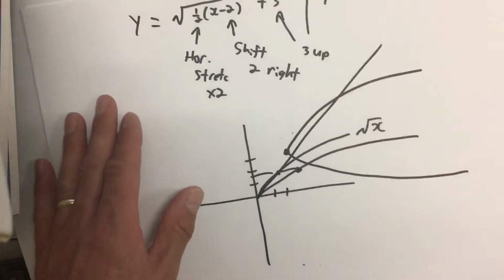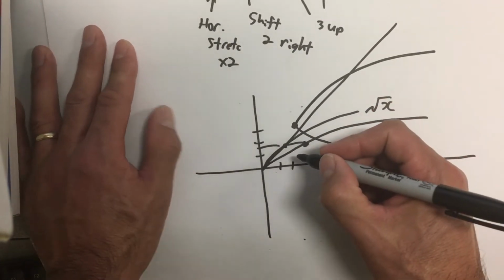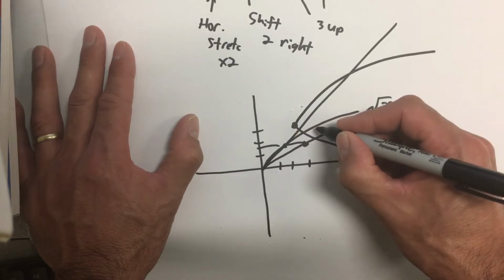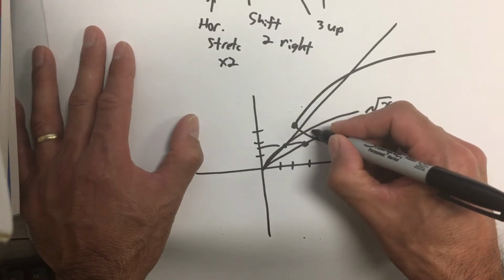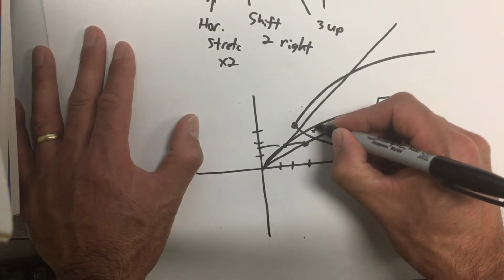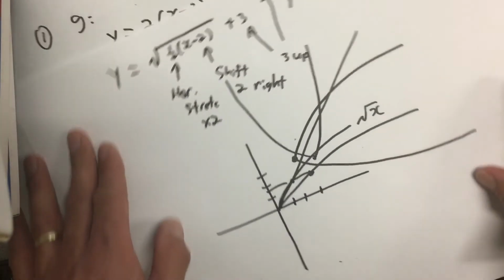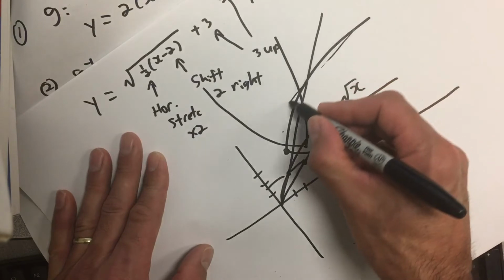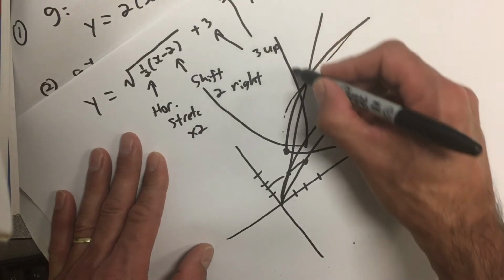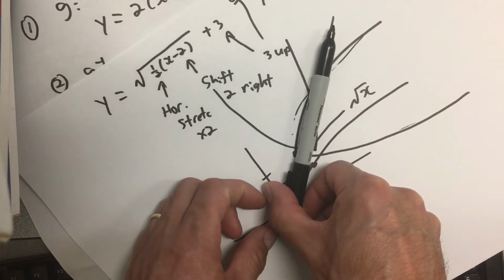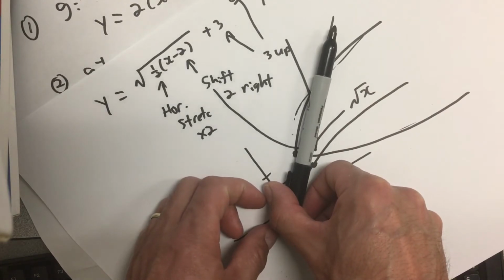So for 2 times (x minus 3) squared plus 2, you'd shift 3 here, you would shift 2 upward, and then we'd draw our parabola from there. And as you can see, this parabola is the mirror image of this parabola, where the mirror is this line y equals x.